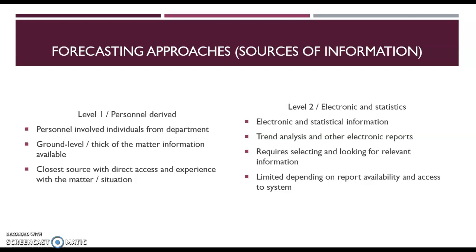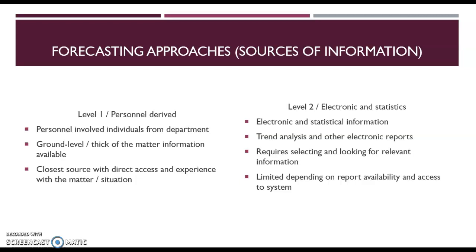Level 2 would be electronic and statistical. So that's pulling electronic reports. It is breaking it down into numbers. Now, it's always said that numbers do not lie. I wholeheartedly agree. However, the problem is that if a report has not been developed for the number that you want to look at, or the statistic that you want to look at, that can limit your ability to utilize that as information.